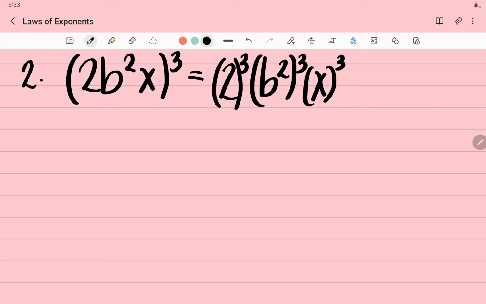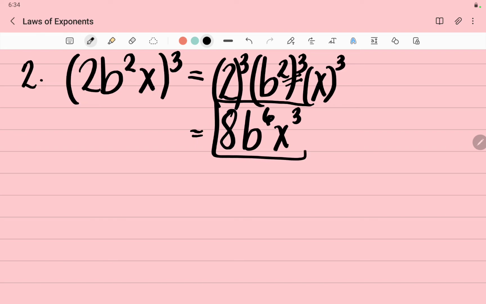Okay, so like that. What is 2 times 2? 4 times 2? We have now 8. And power of a power, we have now b raised to 6. So x cubed, just write it the way it is. Okay, so we have now 8 b raised to 6 x cubed.